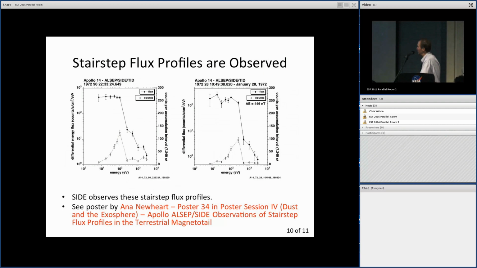It's poster 36 in poster session 4, Dust in the Exosphere: Apollo ALSEP SIDE observations of stairstep flux profiles in the terrestrial magnetotail. Anna is also a DREAM 2 team member, and she's done a very observationally thorough analysis of these stairstep flux profiles in the SIDE data. So stop by and talk with Anna.